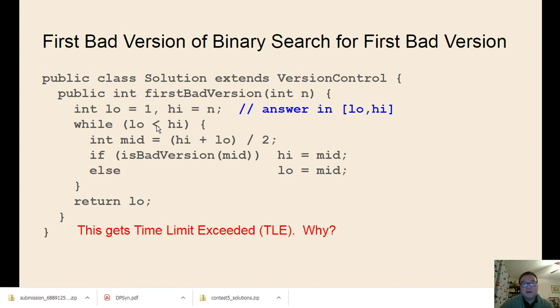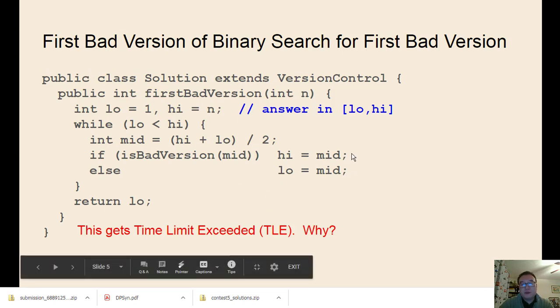So let's say low is 1, high is 2, then mid is 1, and 1 is good, then we'll keep assigning low to be mid. So after one loop, low is still 1, high is still 2. So we just keep doing that forever.